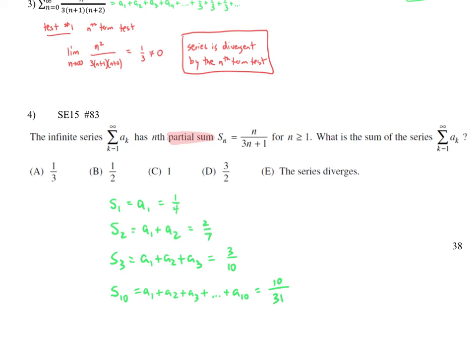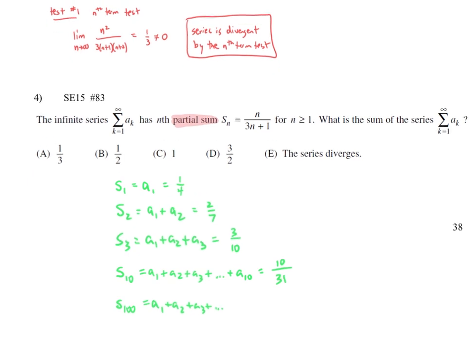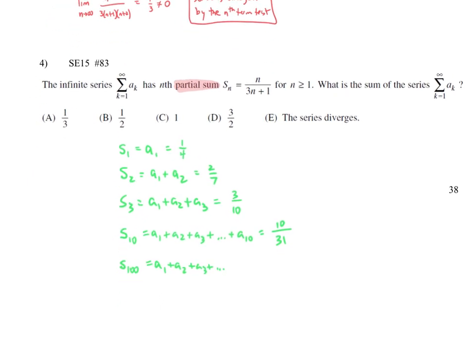Now the question is, what are we getting closer and closer to? If we were to look at the 100th partial sum, where you have 100 of these added up, versus the millionth, what are we getting closer and closer to? Well, let's just say we have the nth partial sum. That's going to be a sub 1 plus a sub 2 plus a sub 3 and so on until we get to a sub n.